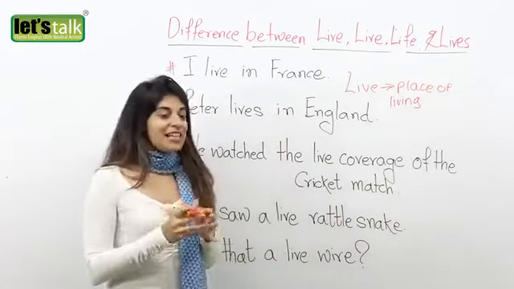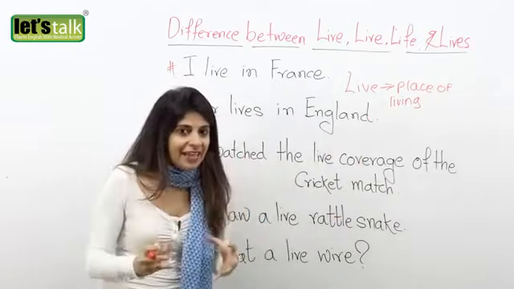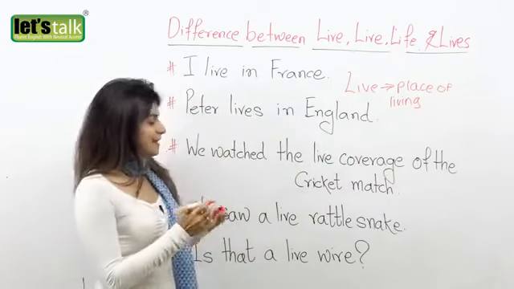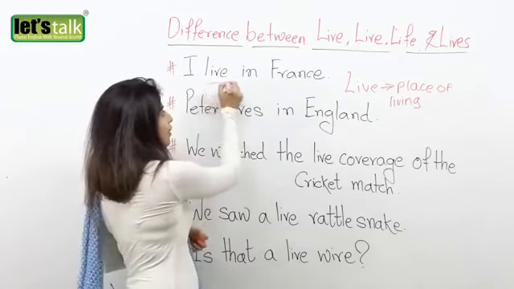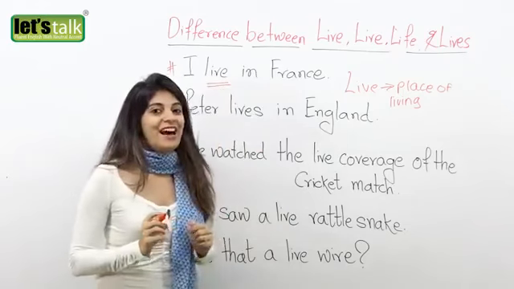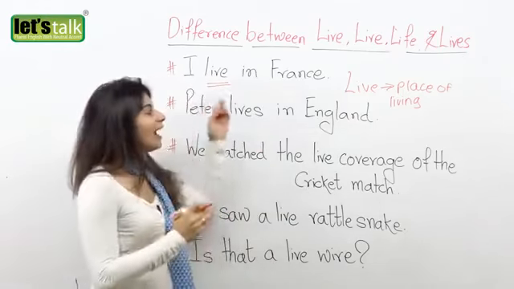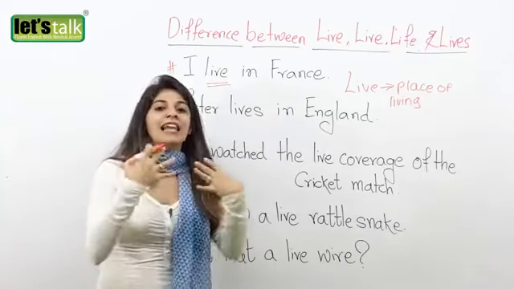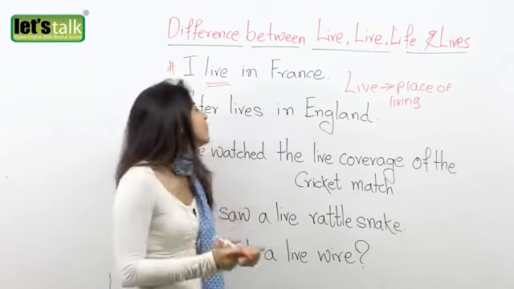Okay, so it means a place where you are located. So if you look at the sentence here, I live in France. So here I'm using the word L-I-V-E, which is pronounced as live. I live in France. That is the place where I live, okay? That is the place where I am settled.